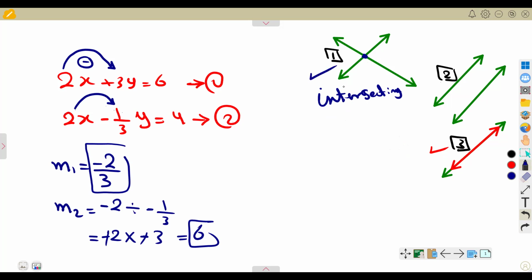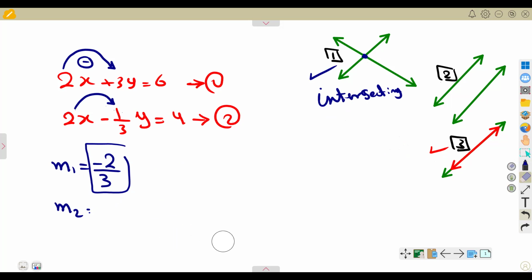Very good. What about if the slope of the first one is negative 2 over 3 and the slope of the second one is 3 over 2? What is the relation between negative 2 over 3 and 3 over 2?